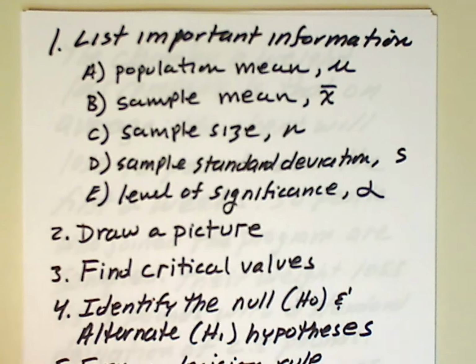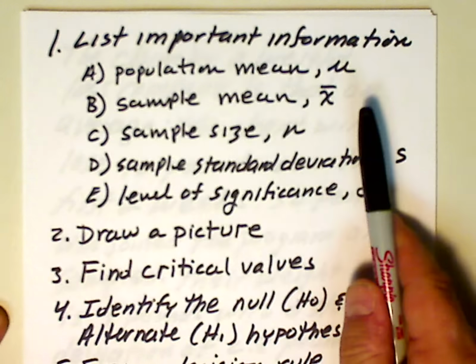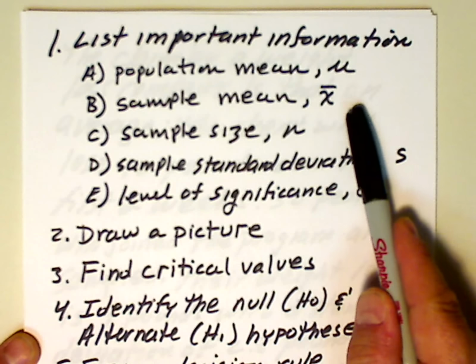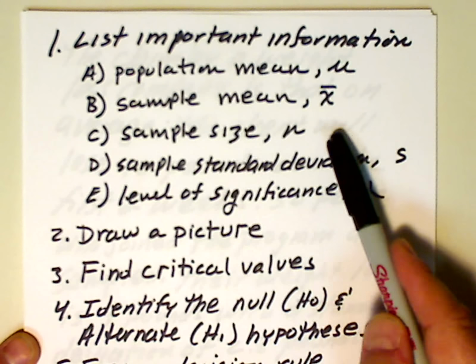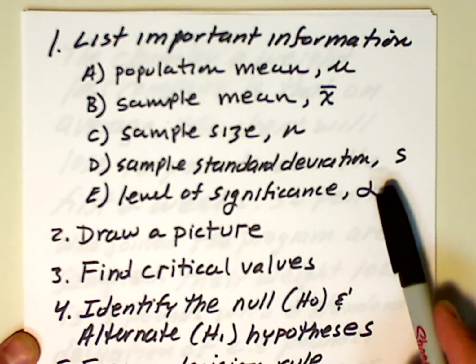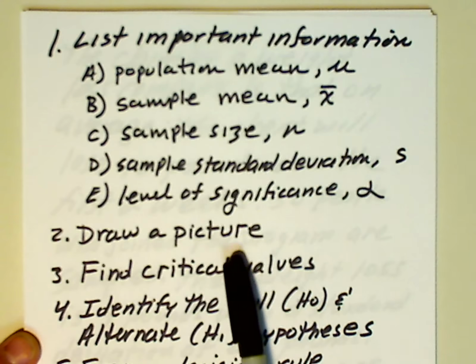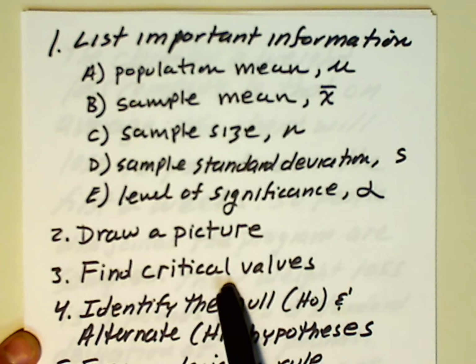So, in order to do that, there are some steps that we're going to take, and I list them here. We want to list the important information, and that includes the population mean mu, the sample mean x bar, the sample size n, the sample standard deviation s, and the level of significance alpha. We then want to draw a picture. We want to find the critical values.